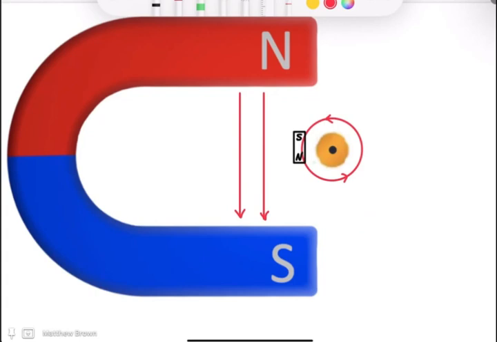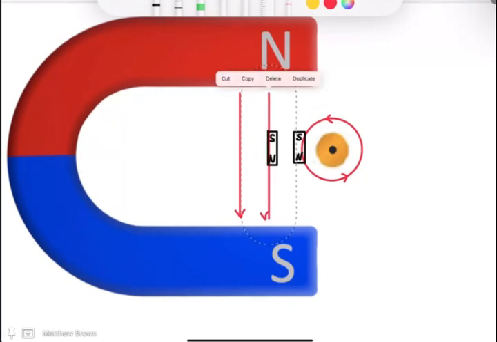Similarly, we could represent that as a little magnet attached to that, so this would be north and south. Maybe let me move this over a bit, just so it's clearer what's happening.